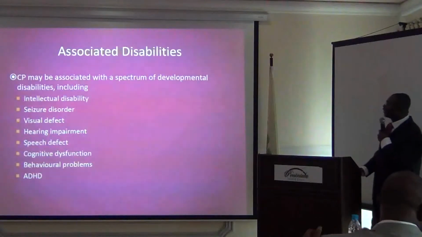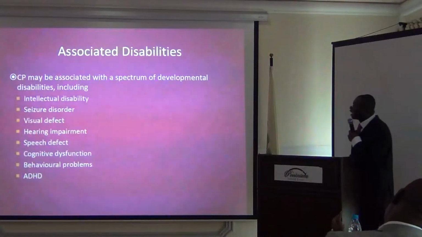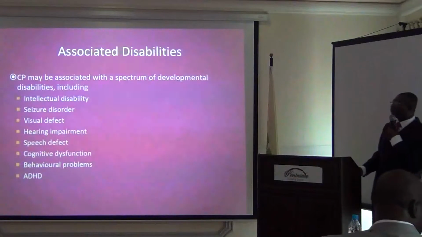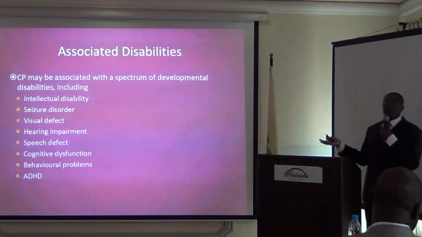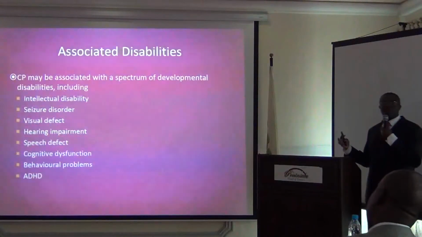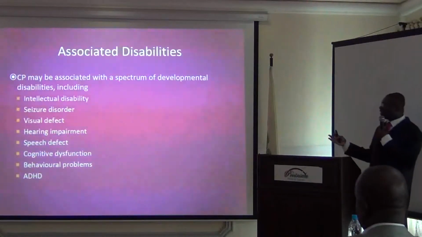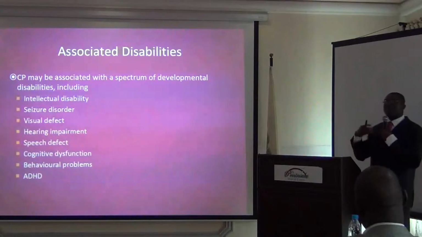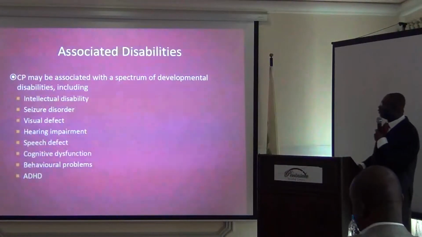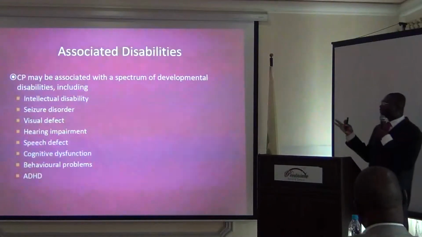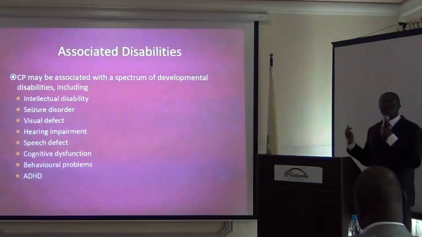Some of the associated disabilities in children with cerebral palsy include intellectual disability, where the child may find it difficult to be educated because the child's intelligence quotient is lower than it should be. Then children with cerebral palsy may also have a seizure disorder.